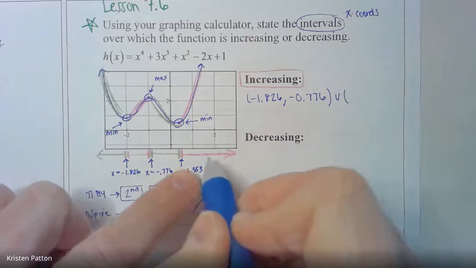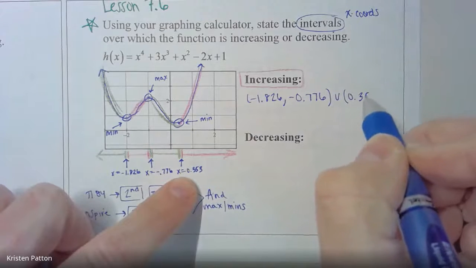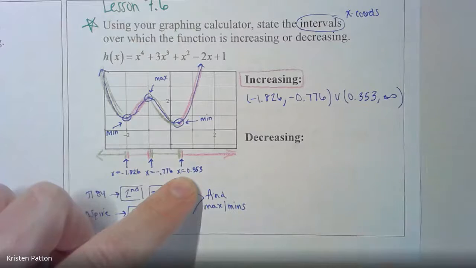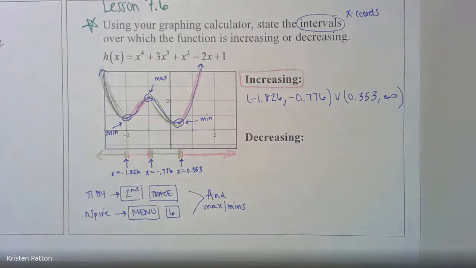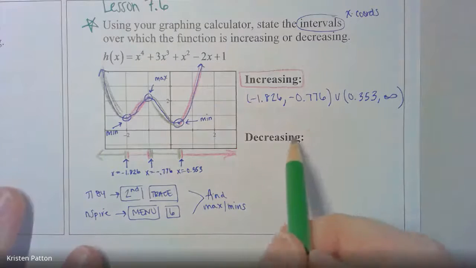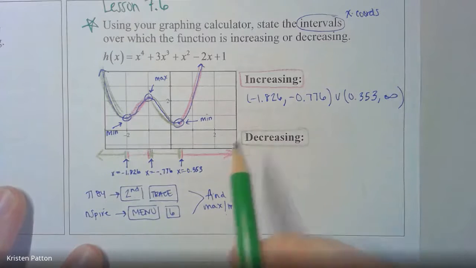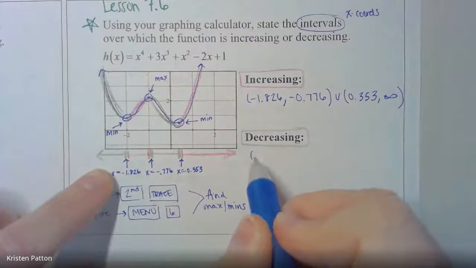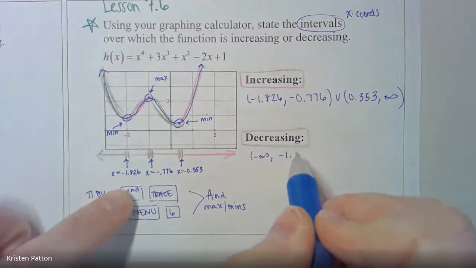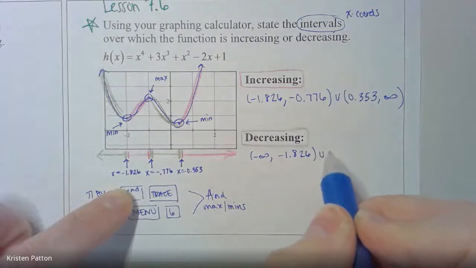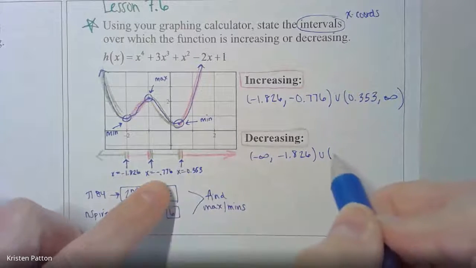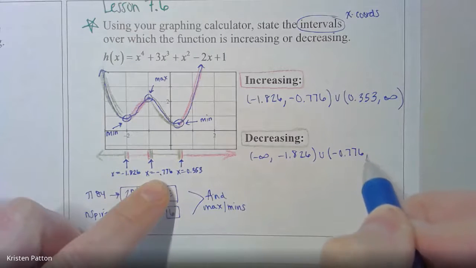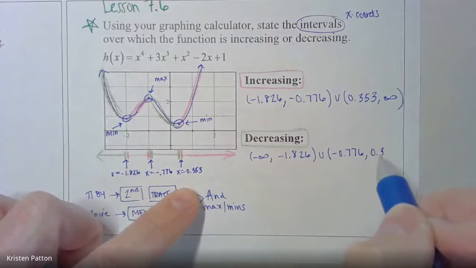And then I am increasing again from 0.353 on forever to infinity. And I'm decreasing everywhere else where it's green. So negative infinity to negative 1.826. And then I'm green again from negative 0.776 to 0.353.